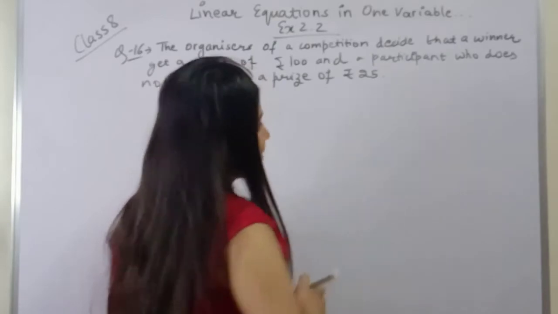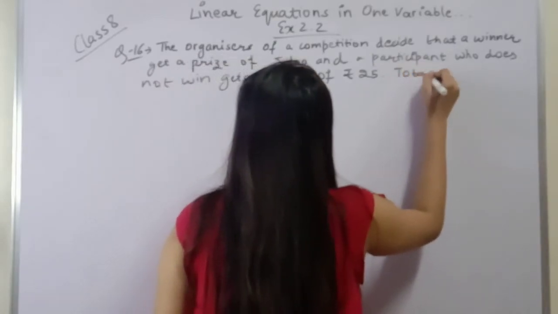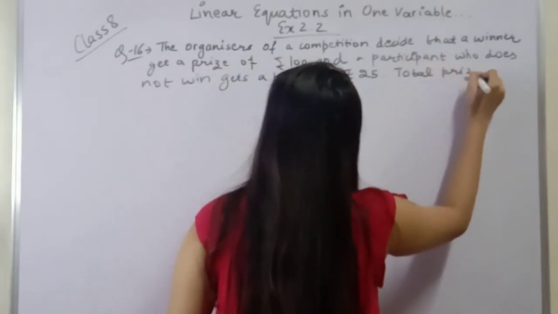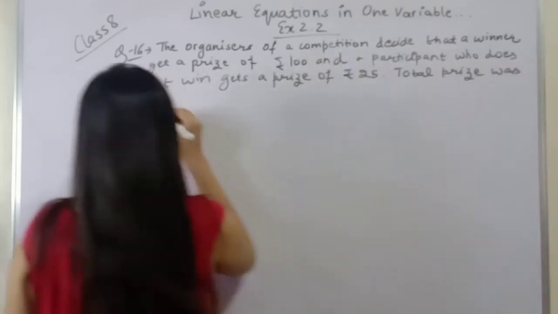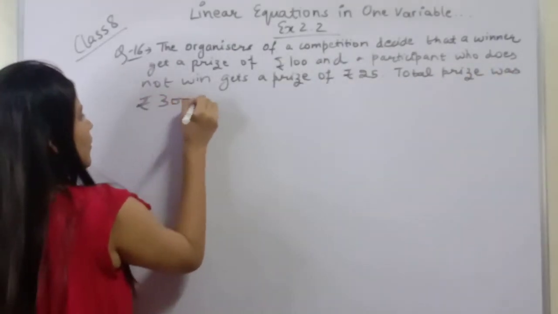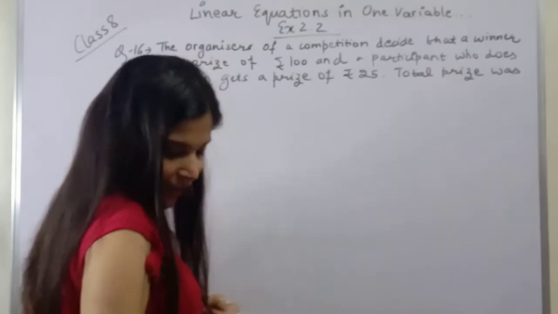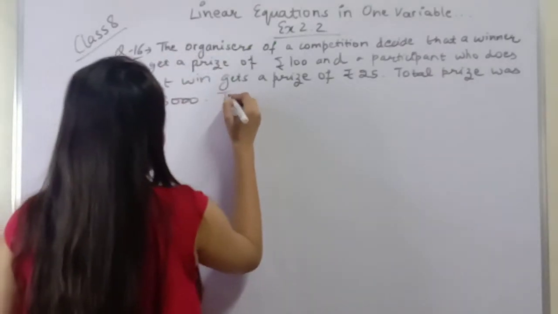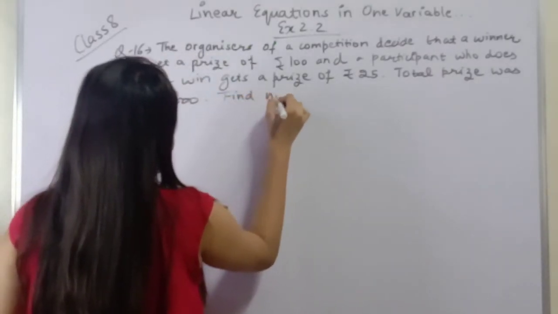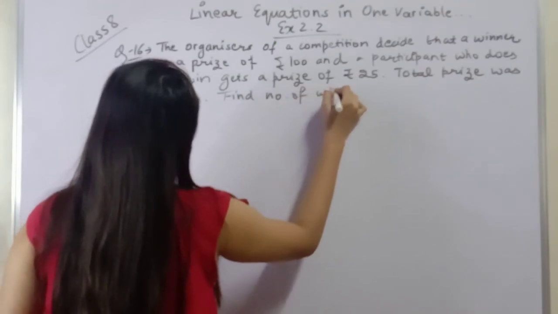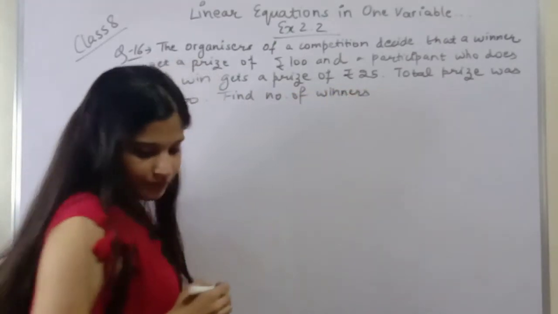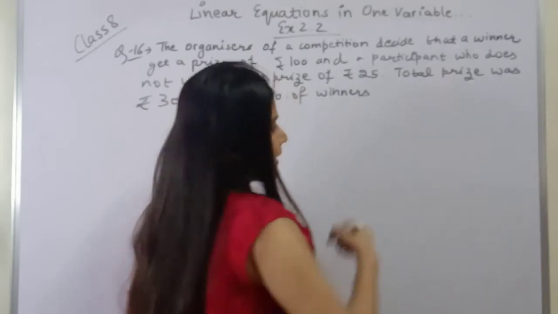The total prize distributed was ₹3,000. Find the number of winners if the total number of participants are 63.